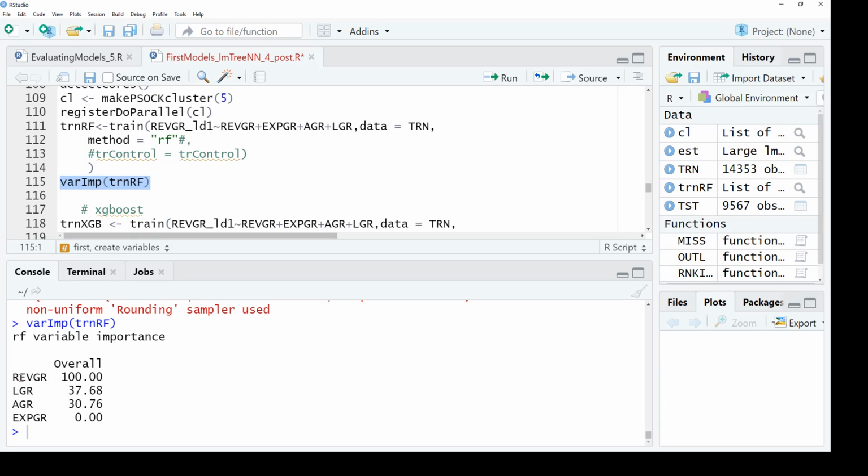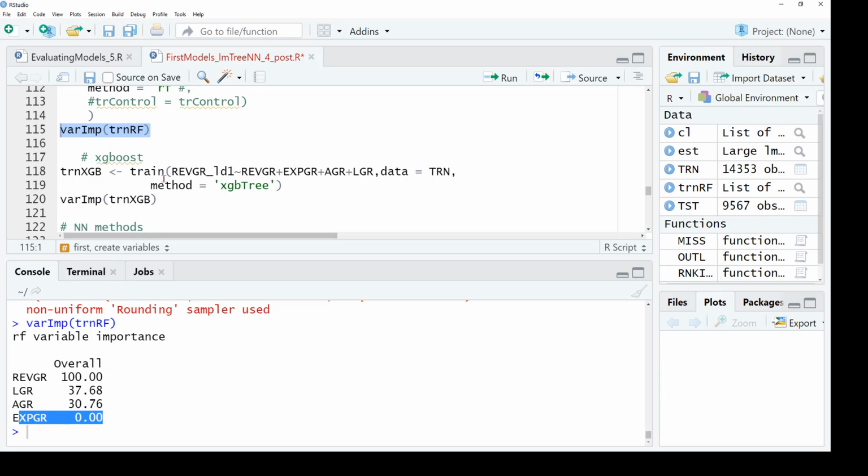What this tells us is the top one is the most important. And by that, it means how often is that variable used in the trees of the random forest. So revenue growth is used a lot in this version of the random forest. Liability growth a little bit less, asset growth a little bit less, and expense growth is not really used at all.